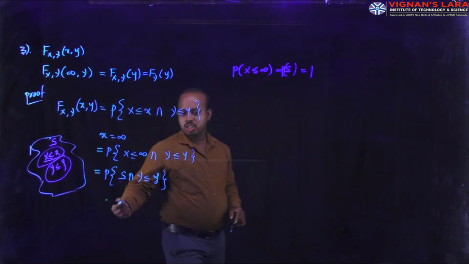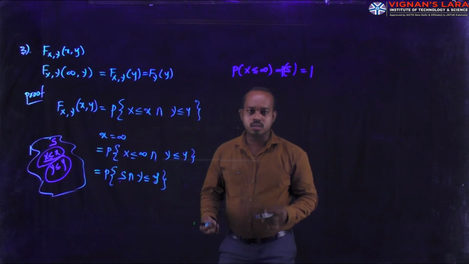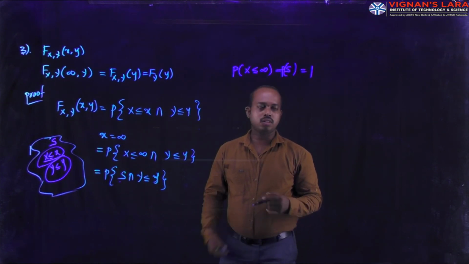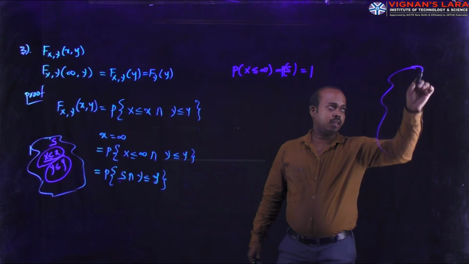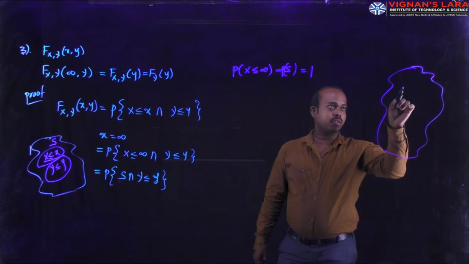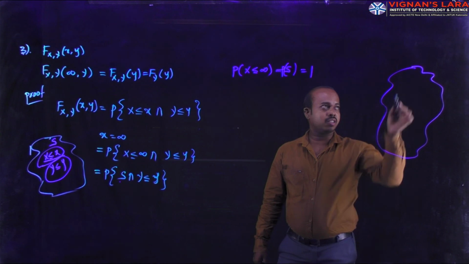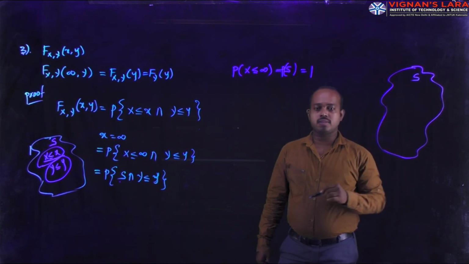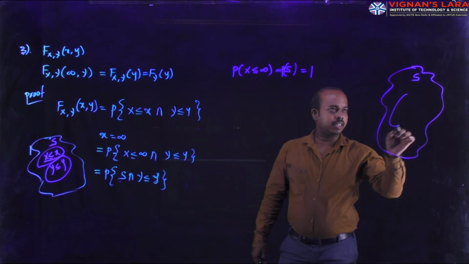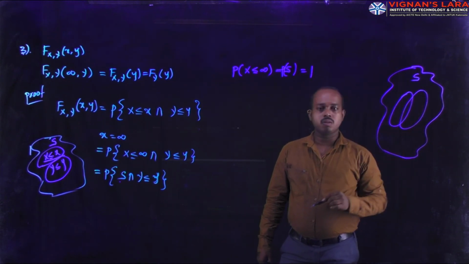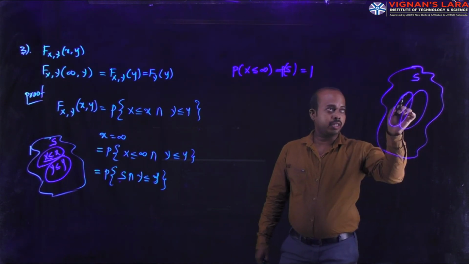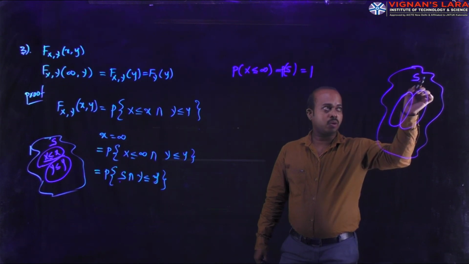For these two events, you can take the intersection part, both A and B, that means X and Y. X and Y both lie in a single sample space S. Here you can take the intersection.